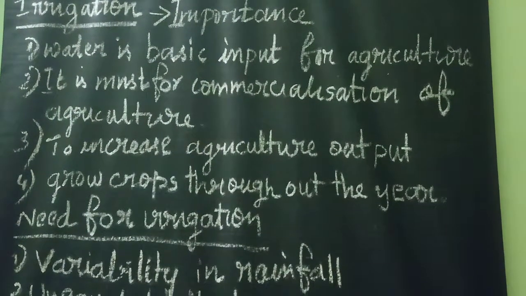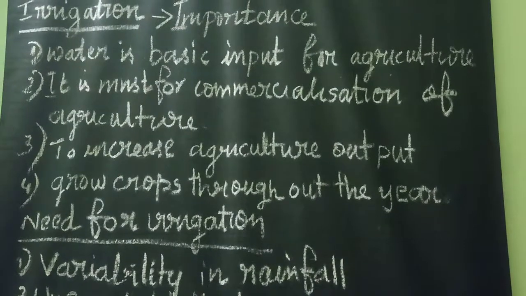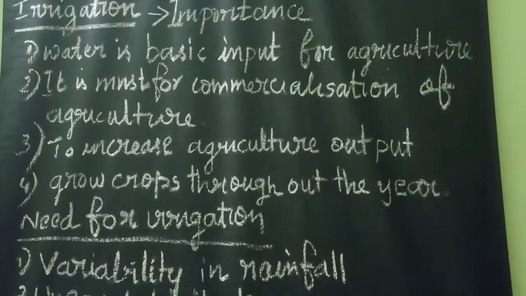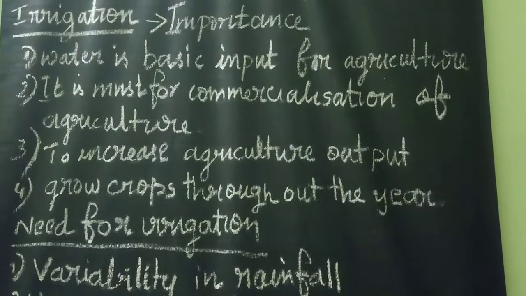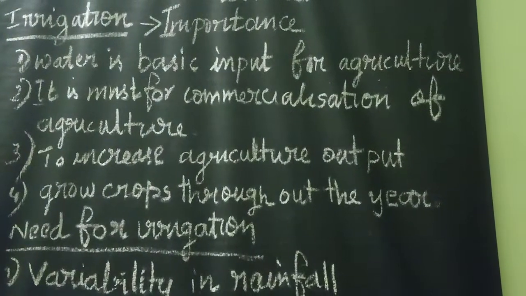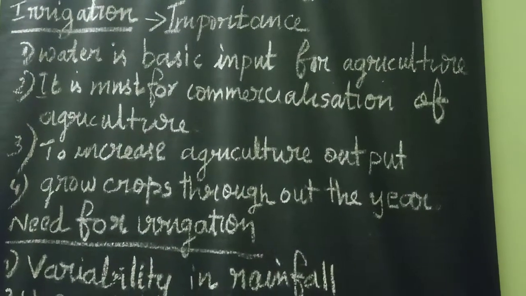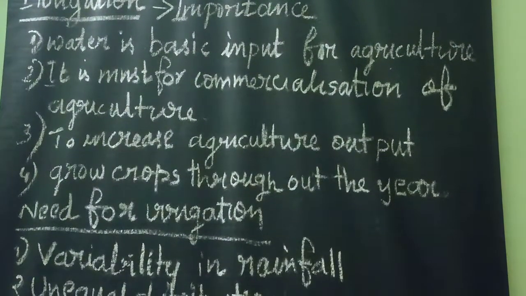At the same time, sandy soil requires more frequent water supply than alluvial or black soil. So some crops need more water than other crops, to meet crop requirements and soil needs.